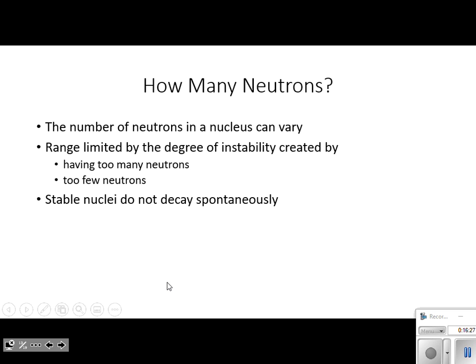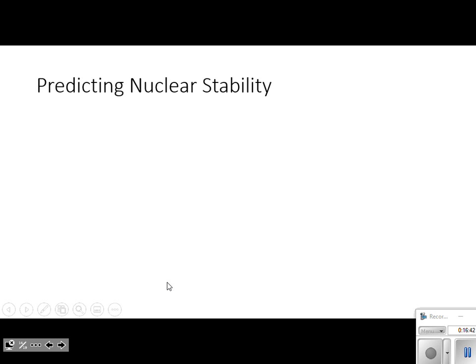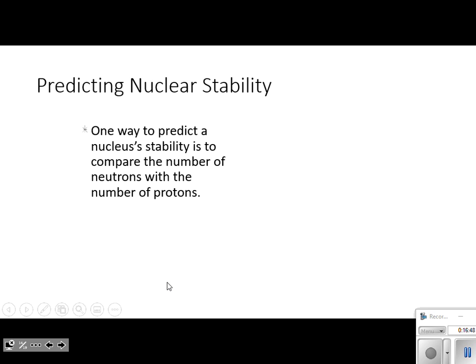Stable nuclei do not decay spontaneously. Unstable nuclei have a very certain probability to decay. So how do we know whether something is stable or something is unstable? Well, one way to predict the stability of a nucleus is to compare the number of neutrons with the number of protons.